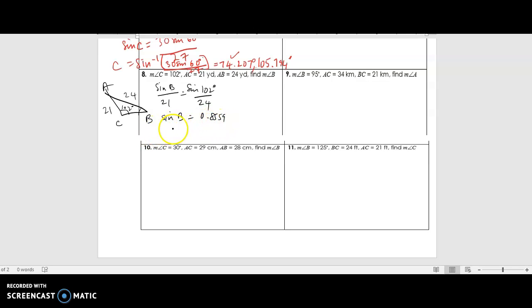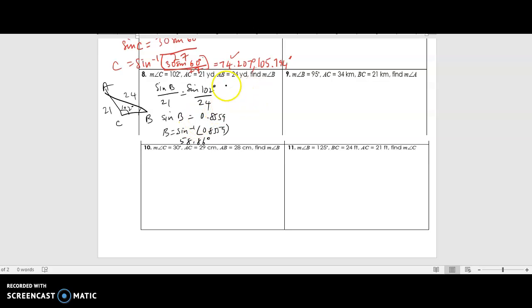So first check is true, so we can proceed. When we do the inverse sine of 0.8559, B is 58.86 degrees.